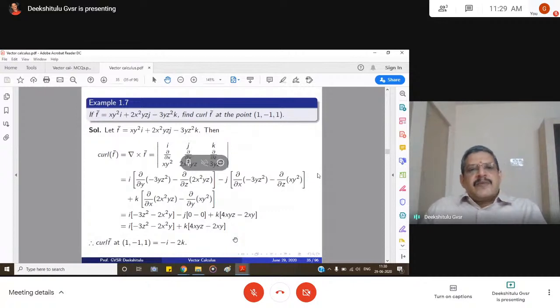If f bar is equal to xy squared i plus 2x squared yz j minus 3yz squared k, find curl f bar at the point (1, -1, 1).